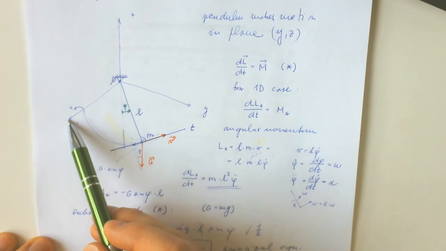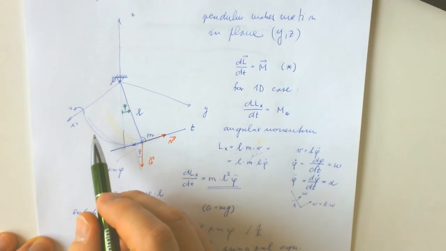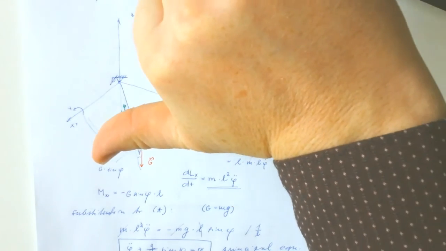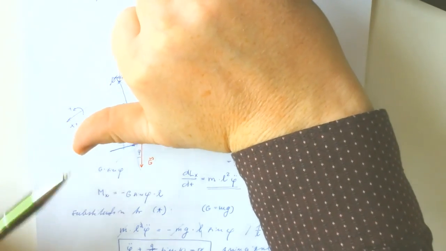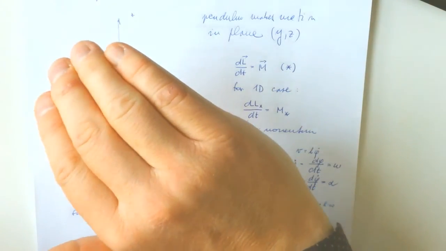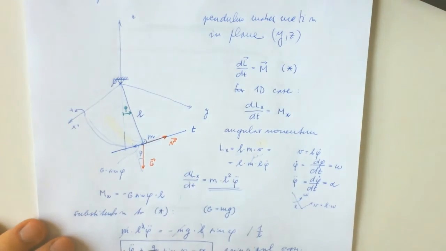So it is motion around this axis. If we use the right hand rule, so if we orient the thumb in the direction of the plus x axis, the fingers of the right hand show the positive direction of rotation.